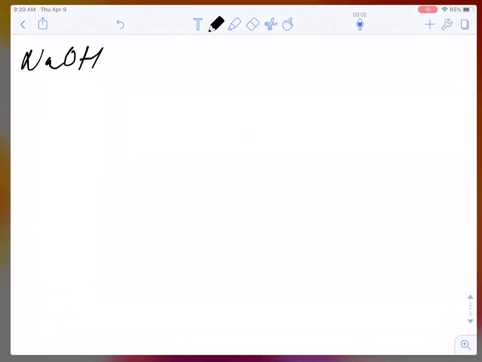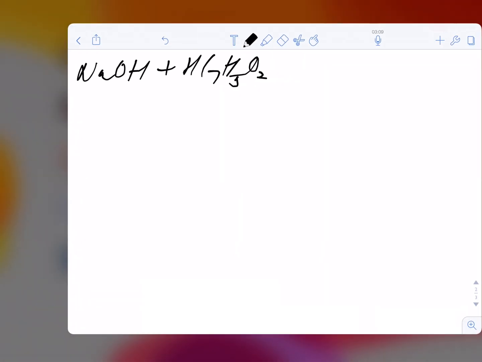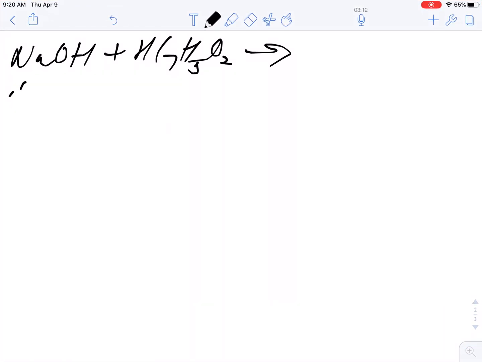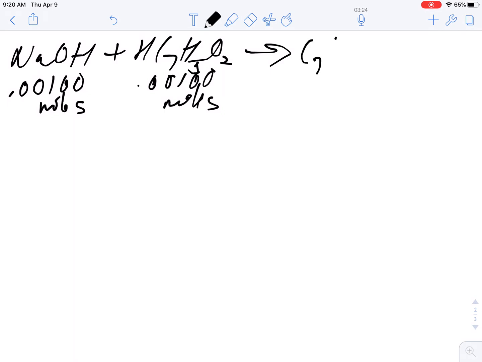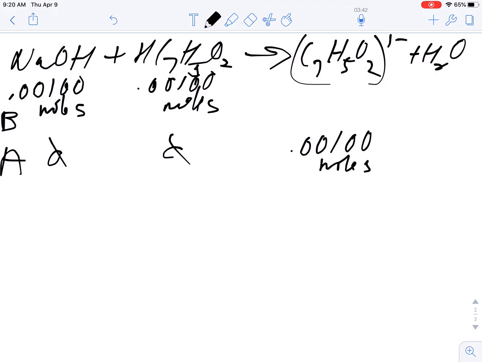If we do our before and after table, this is before, and this is afterwards. But what is the volume?